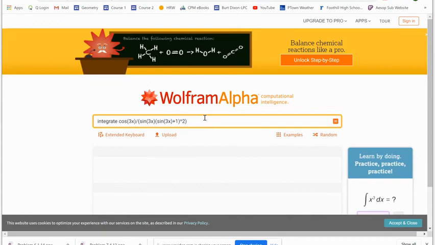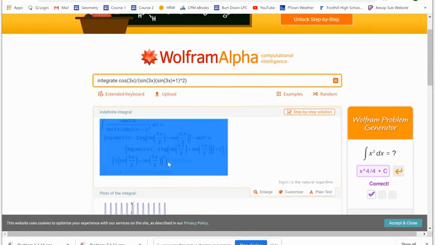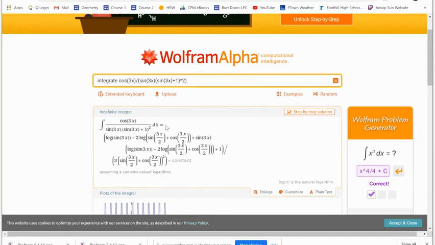And it thinks for a moment. And then finally gives us this entire answer. Basically everything from the equal sign, from this left parenthesis here all the way to the constant at the end.